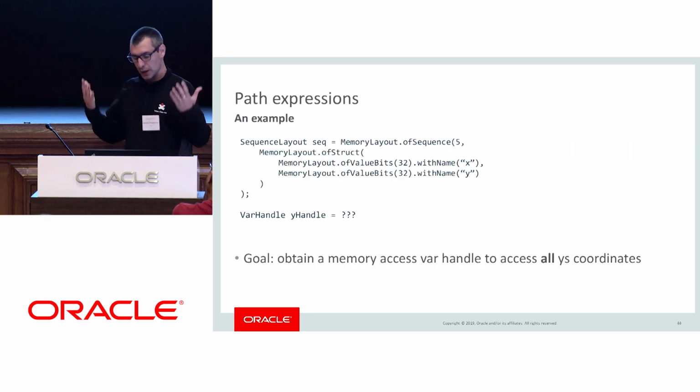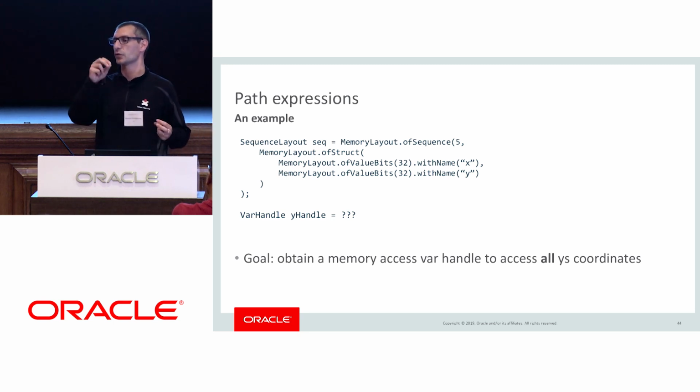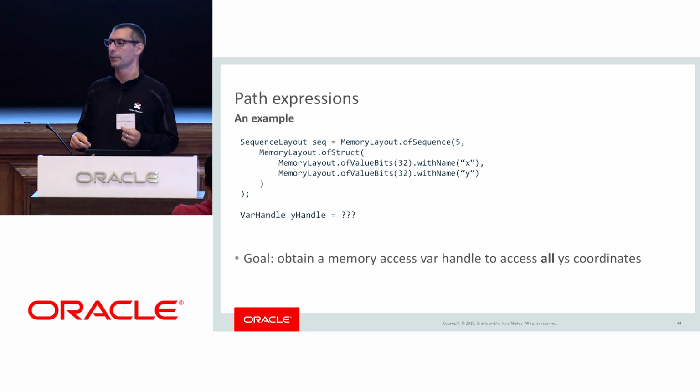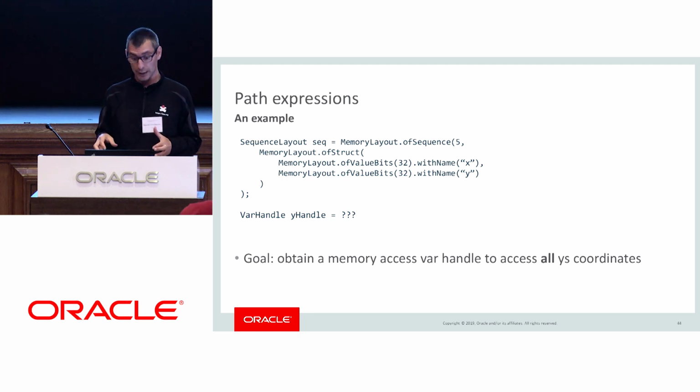So this is an example. We have our struct of point array layout, and the goal is that we want to create exactly the same variable that we tried to construct before that accesses all the y coordinates in the array. But we want to do so not by using the combinators, we want to construct it using the layout API.